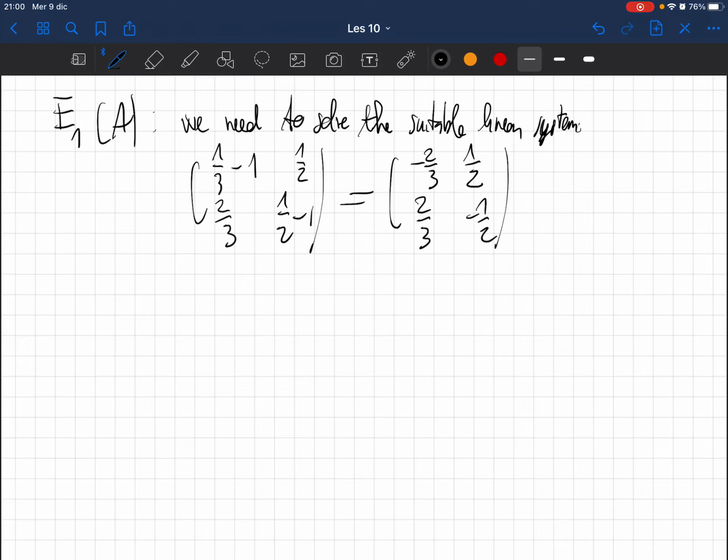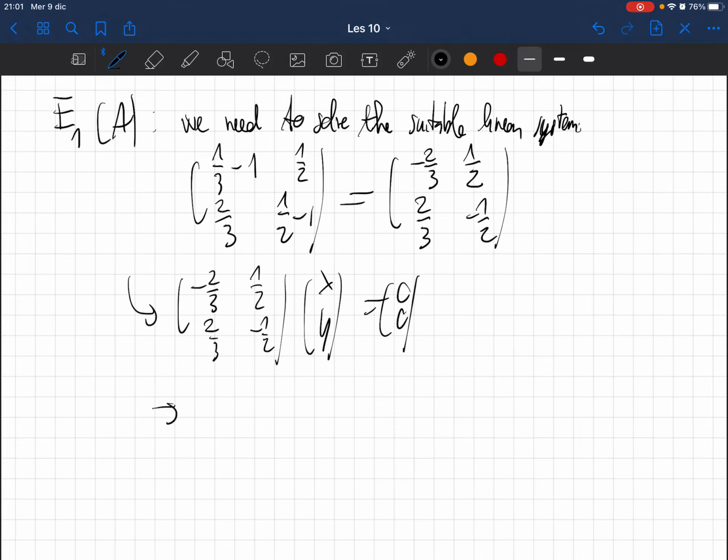So this is the system we want to solve. We know that it's actually just one equation, because if you look at one, the other is redundant.